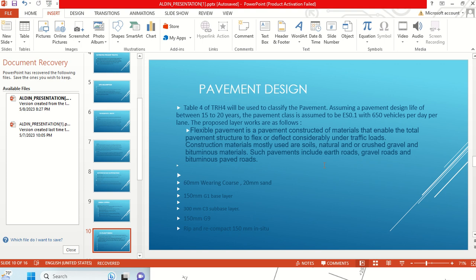The construction materials we mostly use are soil, natural and crushed gravel, and also bituminous material, such as in gravel roads and bituminous paved roads. The material that will be used in the layer works is tested natural and crushed gravel, which is the norm whenever you're dealing with layer works.